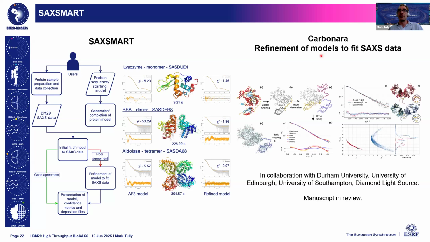The original development and calibration was done in Edinburgh and Southampton, and Hayden, the postdoc, was at Southampton before coming to us, so he worked on this there. This is using molecular dynamics and coarse-grained molecular dynamics to help refine models to data. Again, we'll include this in an EWOKS package and then into our platform.